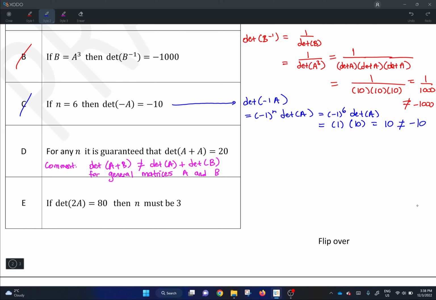Now, that alone does not mean that we can say this is definitely wrong. We can say it's not guaranteed, so I'm going to cross that out.